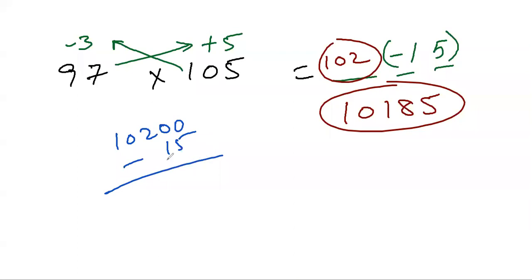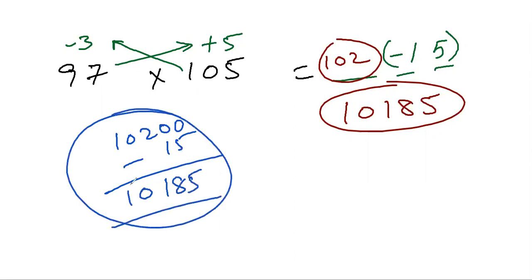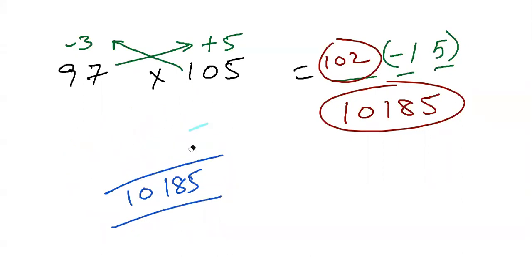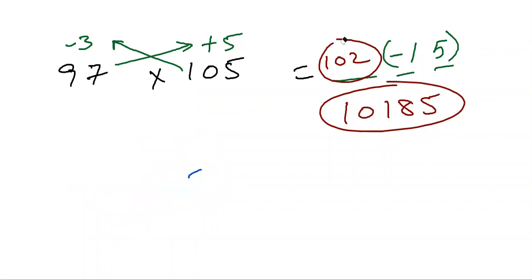What we have to do is 10200 minus 15, 10185. Sir, do I have to write these things? No, not required. Simply see this one. From 102, we are taking one value.